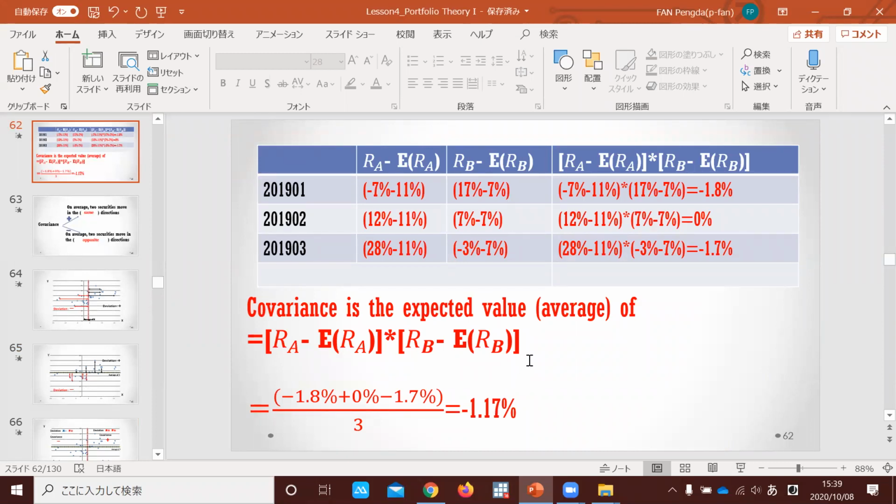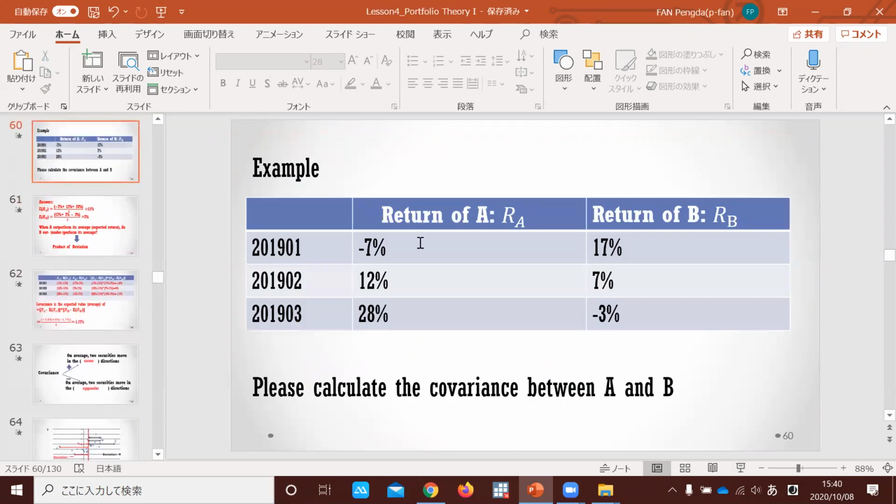But we know that on average, they move in a negative direction, or they move in the opposite direction, but we don't know how big this number is, because the calculation of covariance highly depends on the original metric of the numbers. So in this case, the two stocks' returns are 7%, 12%, or 28%.